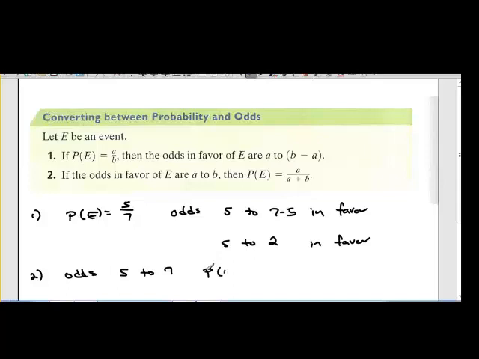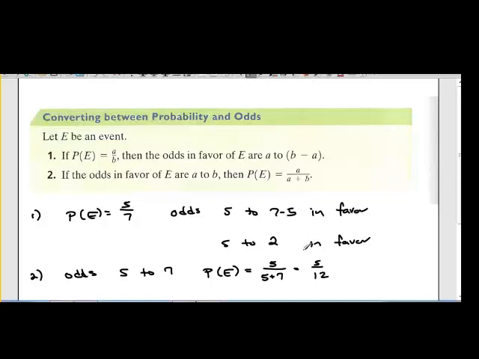What is the probability in favor? You take 5, the favorable outcomes, and divide by the number of favorable outcomes plus the number of unfavorable outcomes, which is the total number of outcomes, and so you would get 5/12. So the odds 5 to 7 is the same as the probability of 5/12.